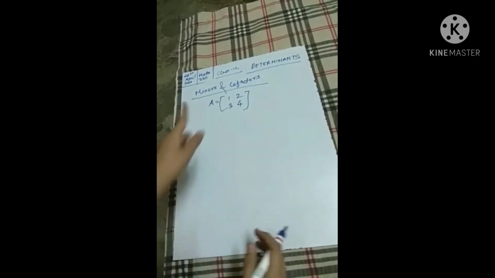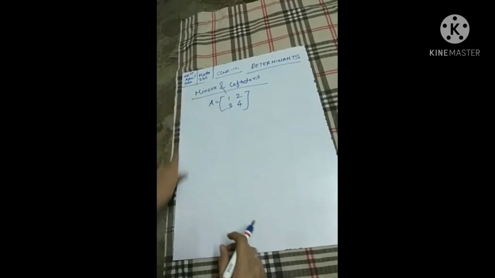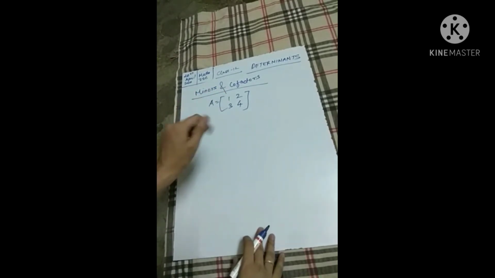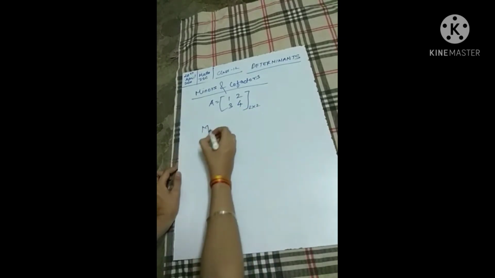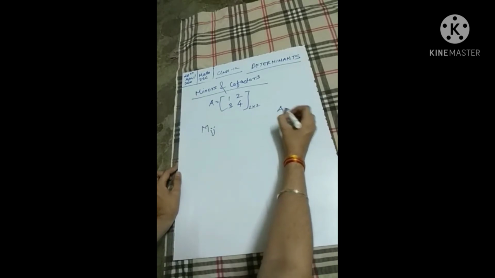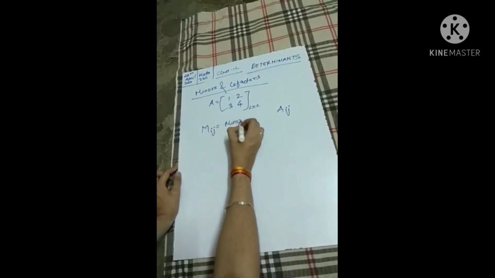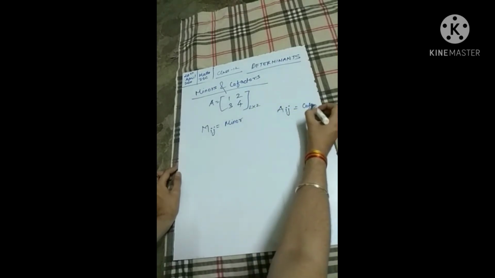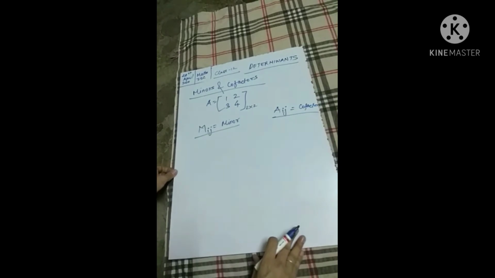Say for example, if this is a matrix, and if you want to find the minor and cofactor, how to find the minor and cofactor of this 2 cross 2? We denote Mij for the minors and Aij for the cofactors.